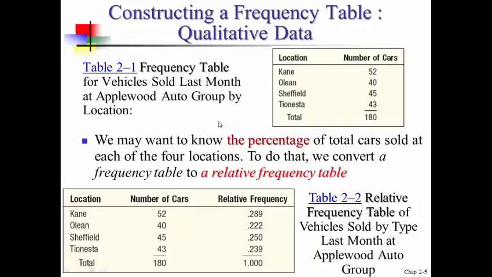They don't say 0. Because 0 is nothing, in this case it is not 289, but 0.289. How to get 0.289? This is the relative frequency of the first item. In order to get the relative frequency of the first item, you need to take the frequency of the first item divided by the total frequency.